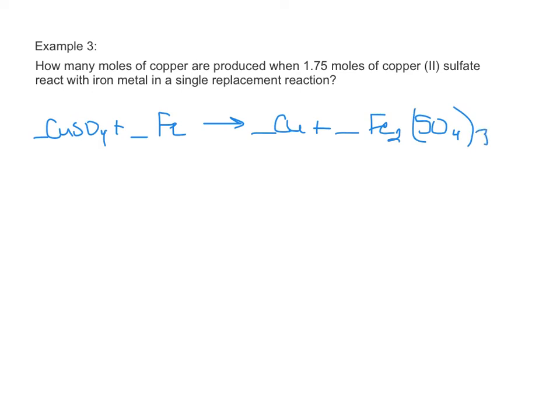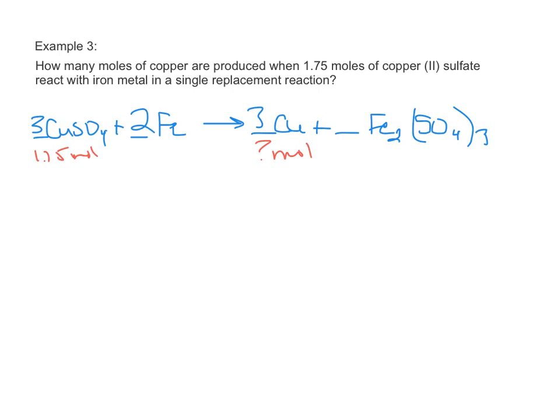Don't forget, we are going to need to be sure we have a balanced equation. So I'd probably start by balancing my irons with a 2 and my sulfates with a 3, which means I'm going to have a 3 in front of each of my coppers. Now that we have a balanced chemical equation, we can now write out what's given to us in the problem. We're starting out with 1.75 moles of copper(II) sulfate, and we're asked for how many moles of copper are produced.